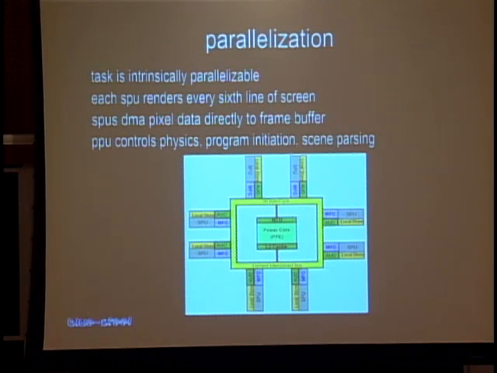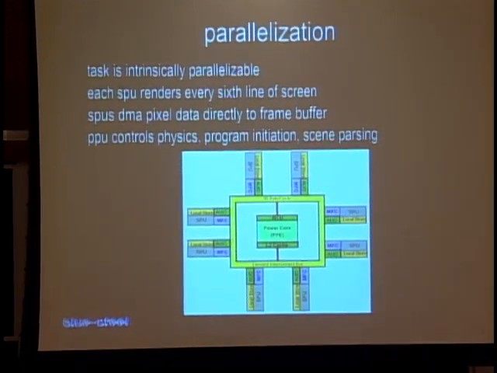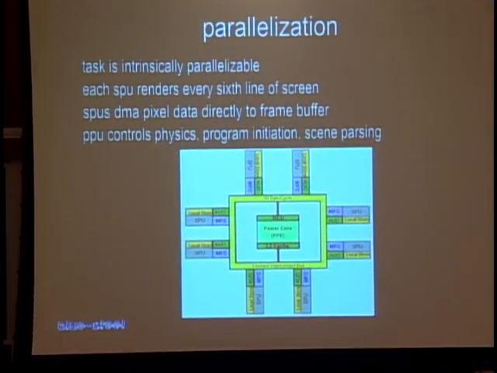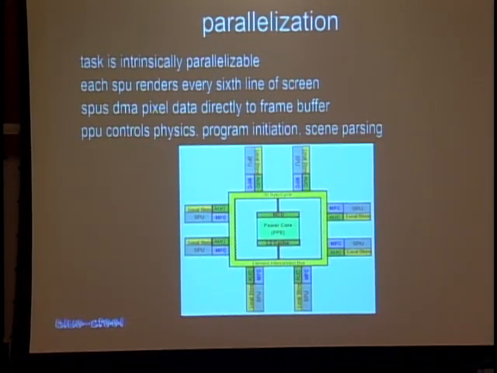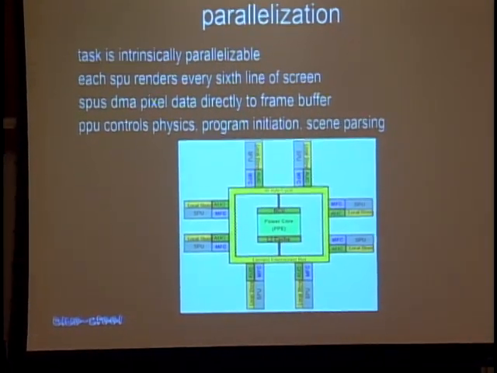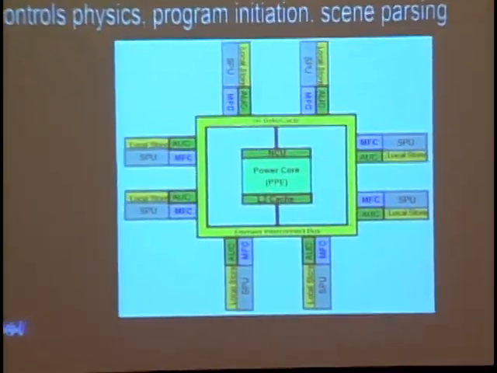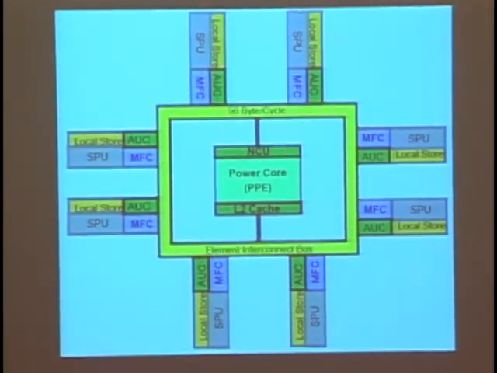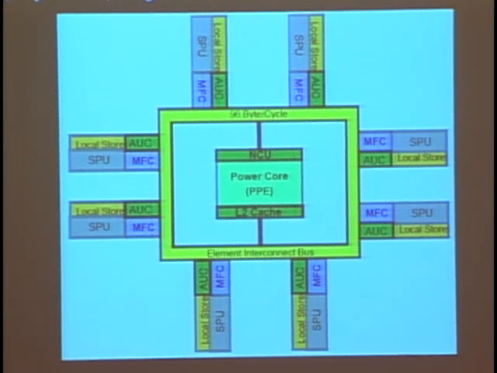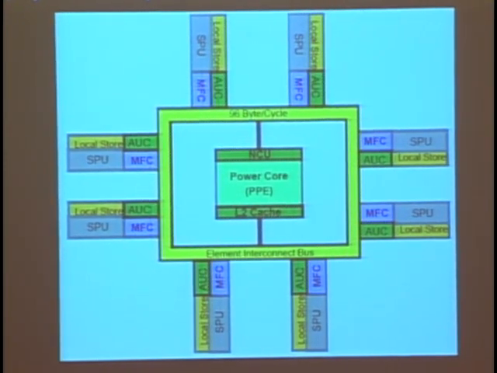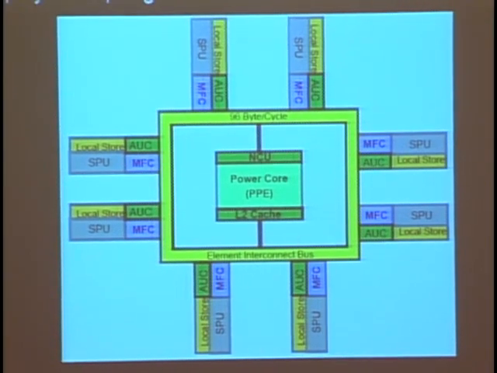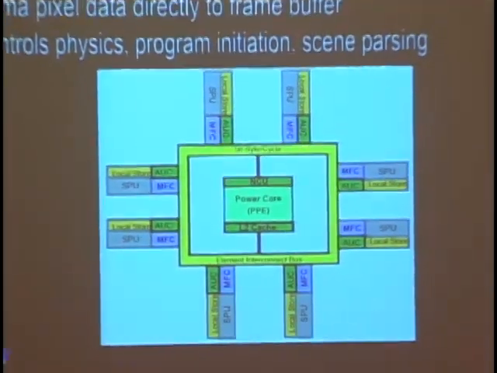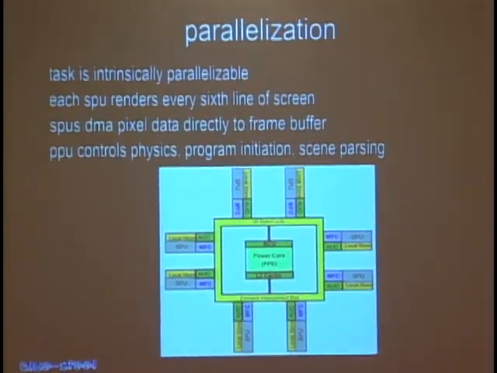Is the way you're dividing up the work each SPU taking every 6th raster line? Could you improve on the performance by allocating the rays? The issue there is one of granularity of our distribution, and also communication time on the bus. We've designed it such that we can fine tune it in any way we want.